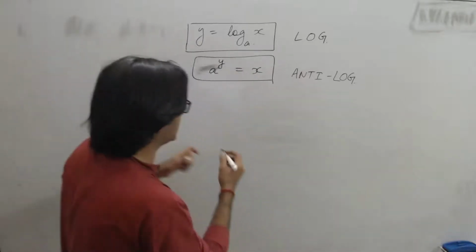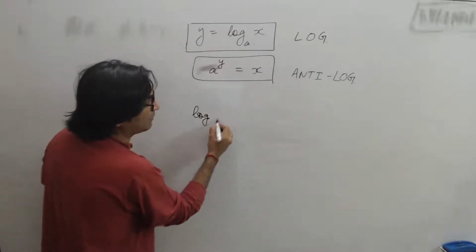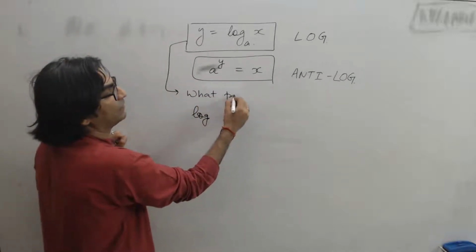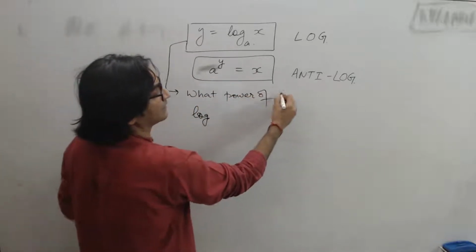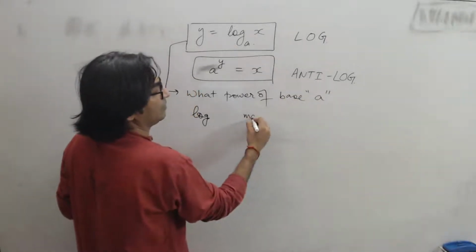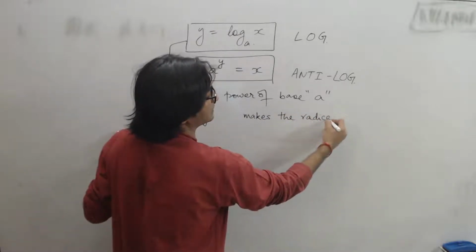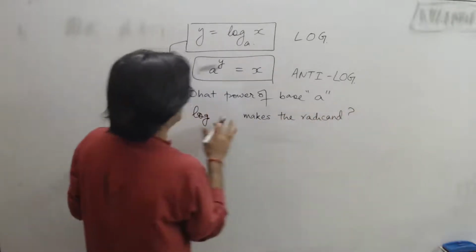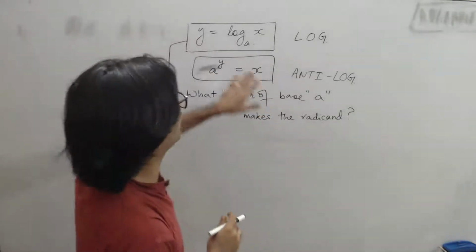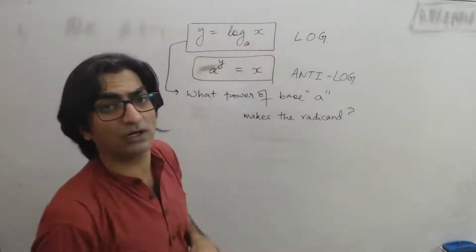What the logarithm says is: what power of the base, let's call it a, makes the radicand? That is the question that the logarithm answers. What power of a makes x, and whatever that value is, that is what y will return.